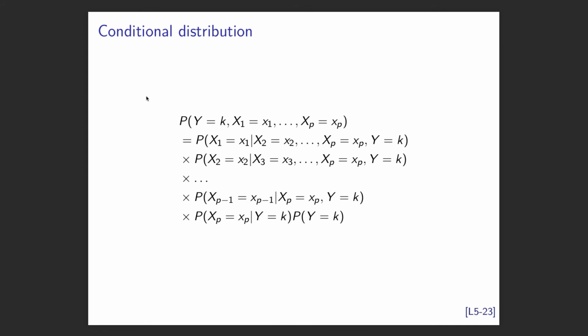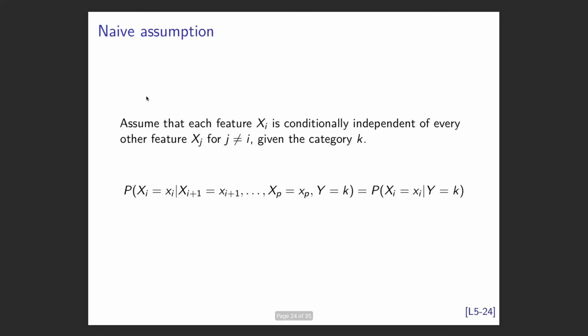And here's the naive bit of naive Bayes. I make a very simple assumption now. What if we made this idea that given the class, all my predictors are conditionally independent?